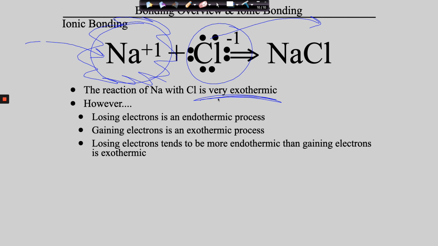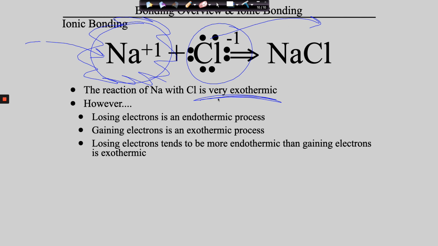If the formation of table salt simply involved an electron going from the sodium to the chlorine, then this would be endothermic. Say that again. If we added energy to the sodium and the sodium goes, woohoo, and it loses an electron, and then the chlorine goes, hey, I got you, and it captures it, this would be endothermic. It takes more energy into this than comes out of that. Yeah?